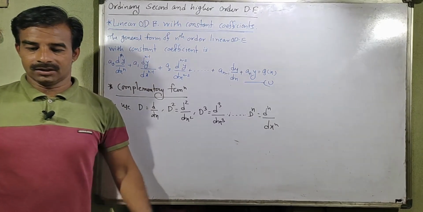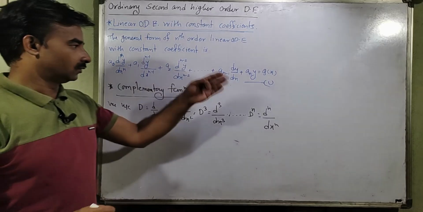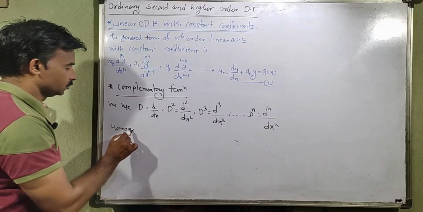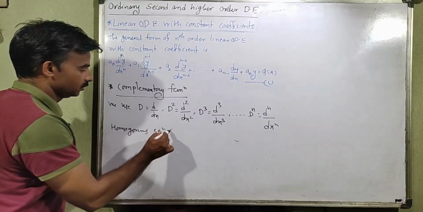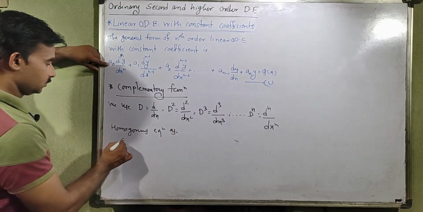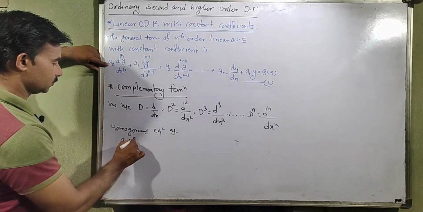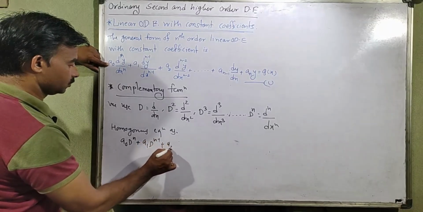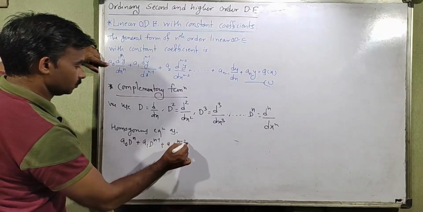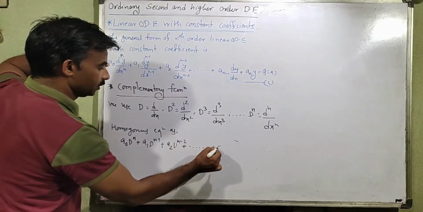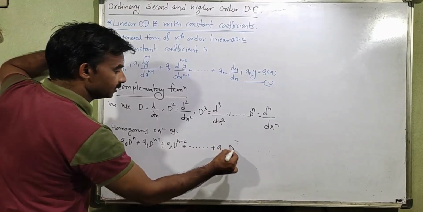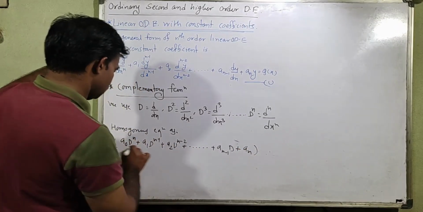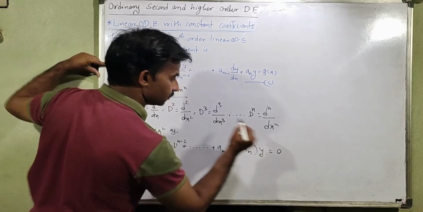Okay, and replacing those we get the homogeneous equation as a0 D raised to n plus a1 D raised to n minus 1 plus a2 D raised to n minus 2 plus and so on up to plus an minus 1 D plus an, applied on y, equal to 0.